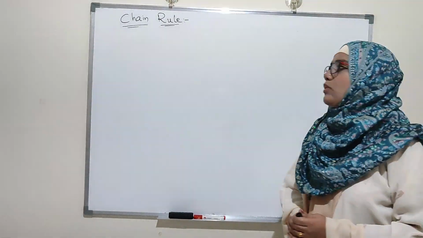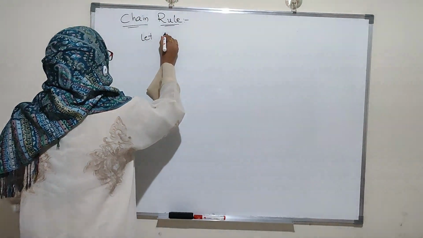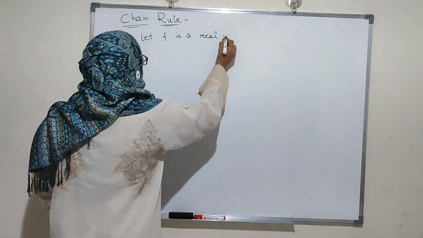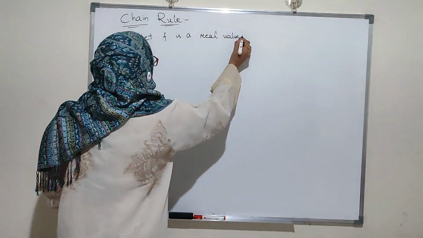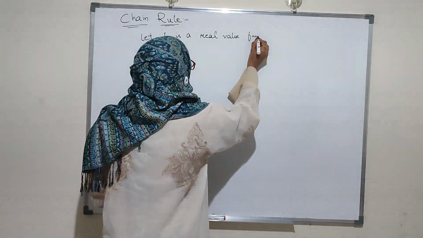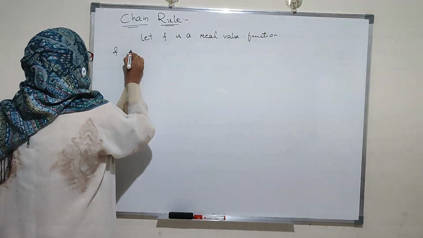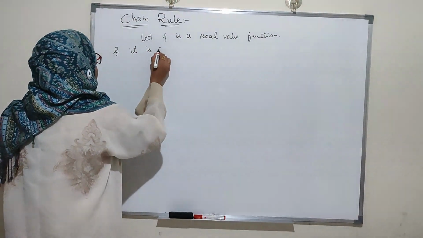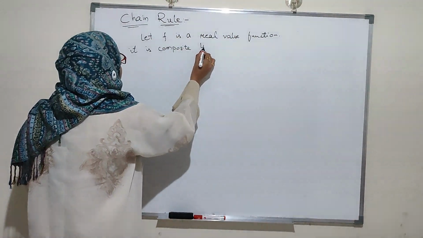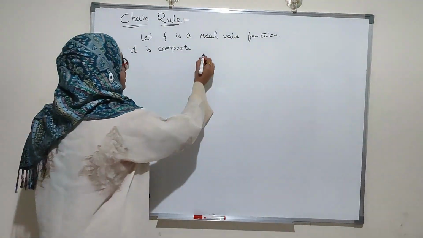Suppose f is a real valued function, and it is a composite of two functions. Composite means combination of two functions.